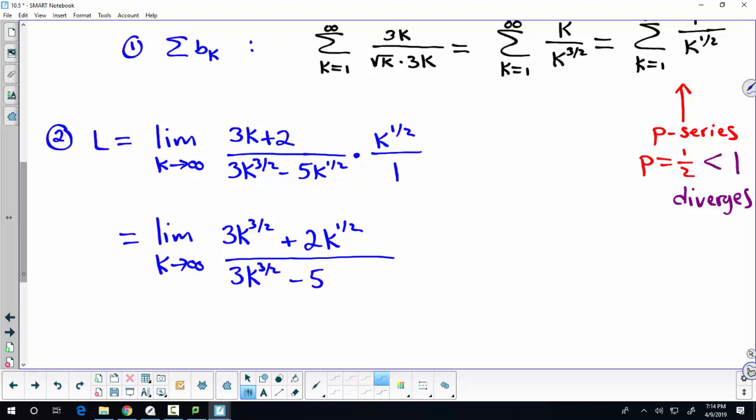Don't those k to the 1/2 just cancel out? Before you expanded it out, on the bottom, yeah. Oh yeah, they would. But it's too late for that. That is easier to see. I just wanted to show you this way.